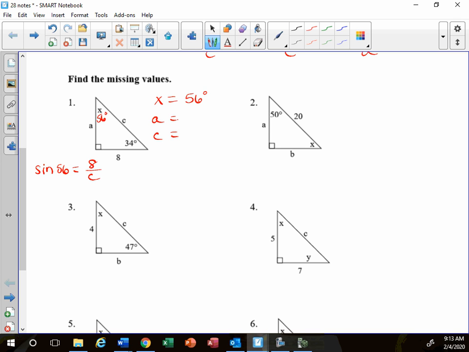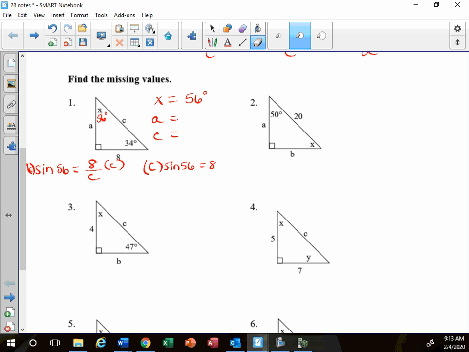Sine of 56 equals 8 over C, right? Okay, how do I solve for C? Times C, right? And guys, you're going to get to a point where you're not going to have to or even want to write this down, but first time through if you need it. So I now have C times the sine of 56 equals 8. So how do I get C by itself? Divide by sine of 56, right?